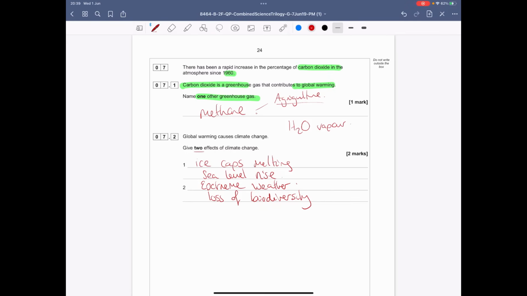You just need to make sure they're precise enough. You can't just say things like forest fires or Earth getting warmer. That isn't specific enough.